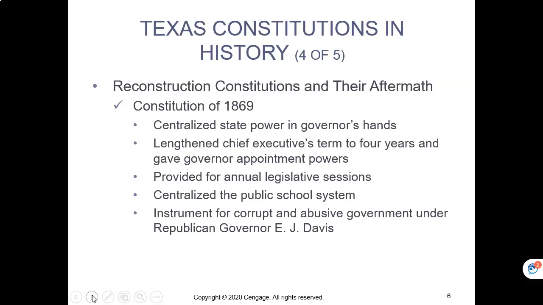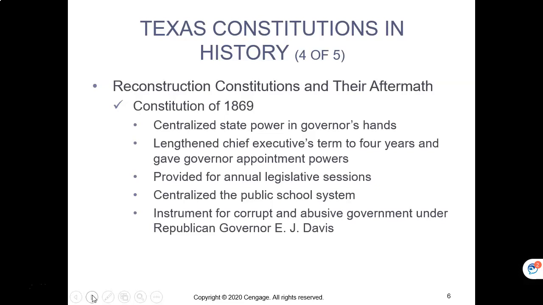Really, from now on, guys, we can relate just about everything that happens, just about everything that is not right, we can somehow relate it back to the state of Texas's reaction to E.J. Davis.